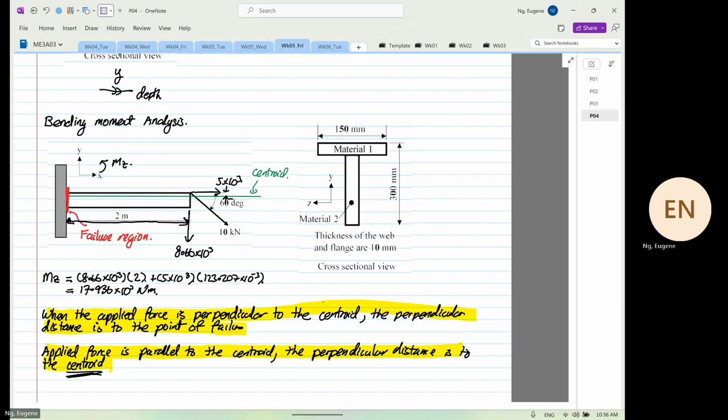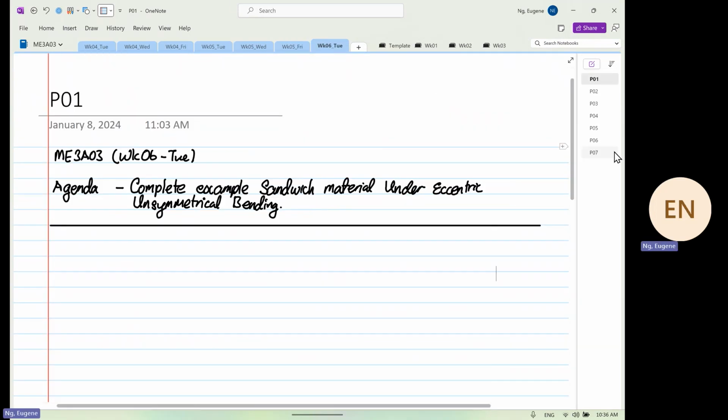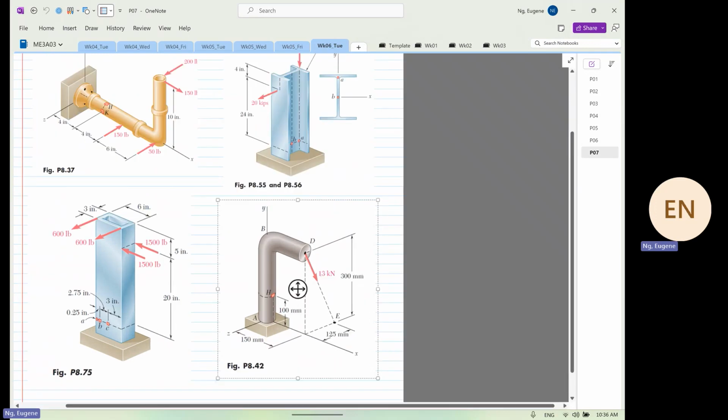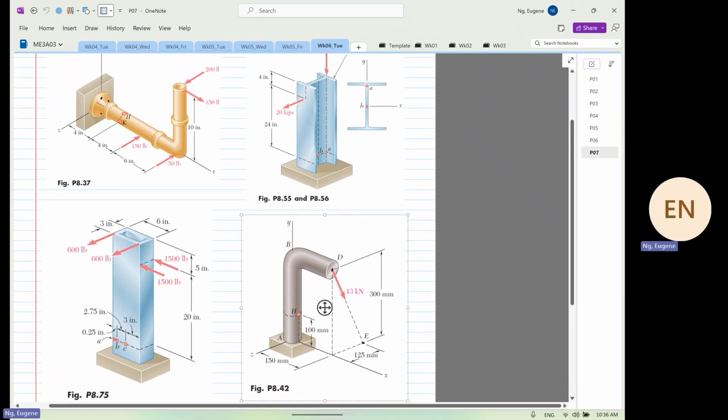Now, I'm going to complete this problem first. Later today, in the second half of our class, we are going to do examples like this. Have you all seen questions like this before? Yes or no? Some of you, yes. Which course?